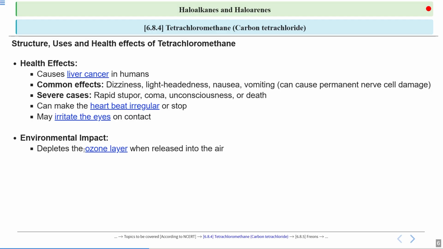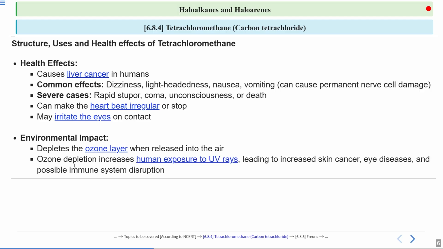So if carbon tetrachloride is released into the air, it can deplete the ozone layer. If there is any depletion of the ozone layer, it will increase human exposure to UV rays, leading to increased skin cancer, eye disease, and possible immune system disruption, because UV rays are invisible.